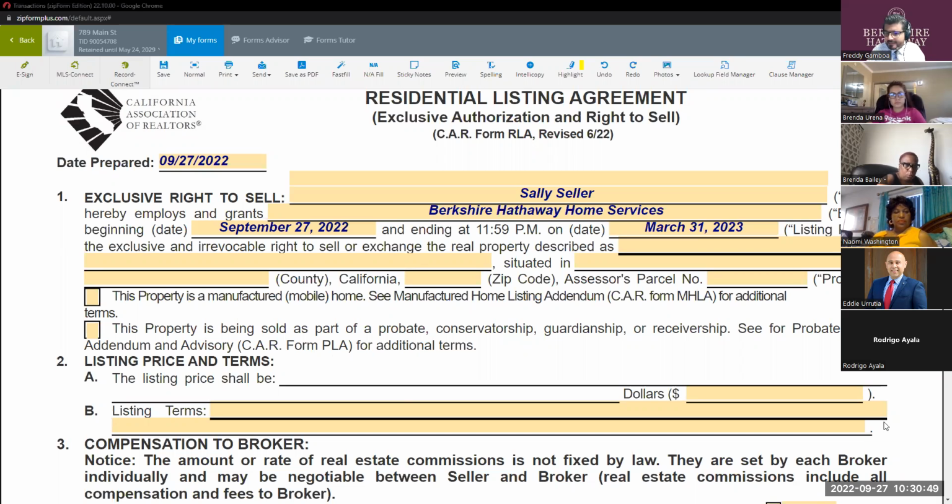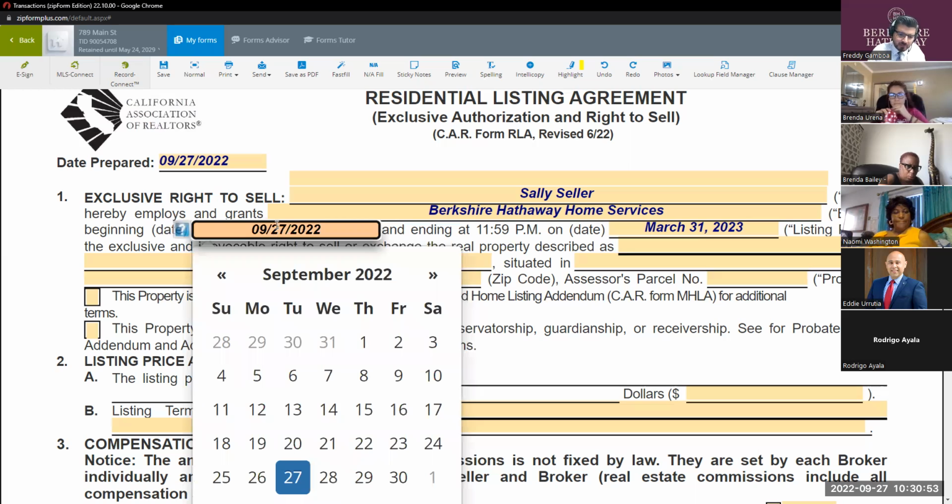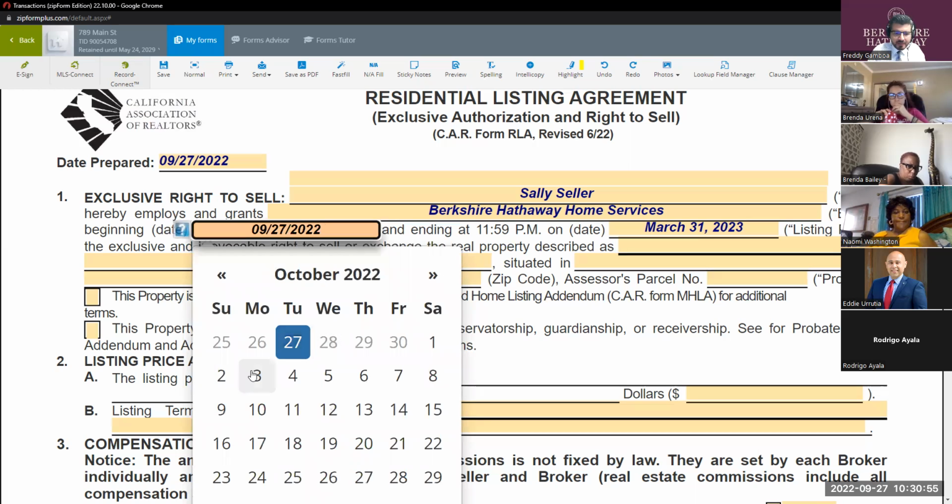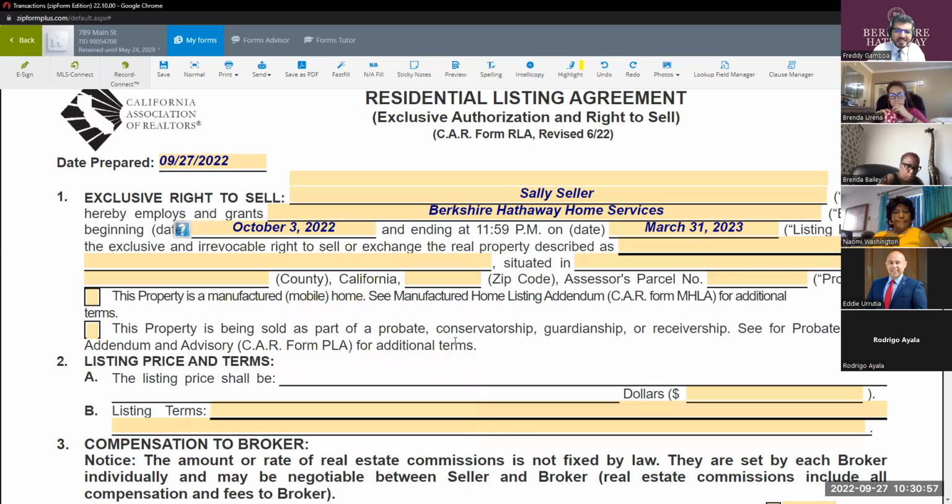Well, let's start on October 3rd. Great. So now that seller has at least 6 more days to make any changes, painting, cleanup, remove trash, who knows what. So even though it has been signed today, it's going to begin on October 3rd.